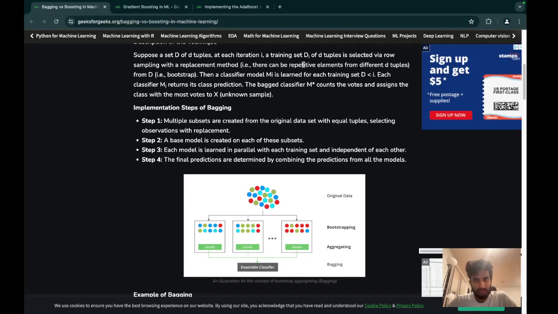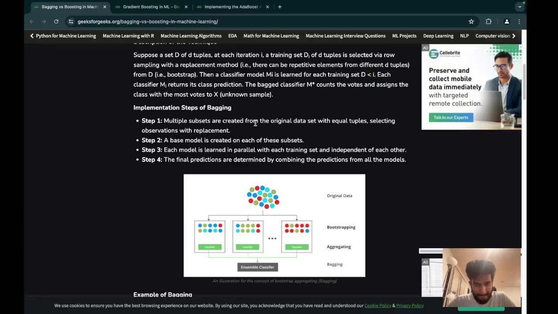The tuples are selected via row sampling with the replacement method. Okay, then a classifier model Mi is learned for each training set Di. Each classifier Mi returns its class prediction.